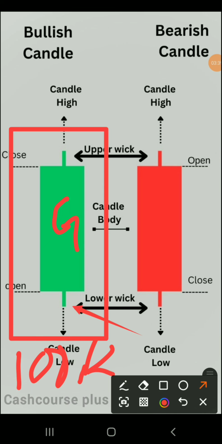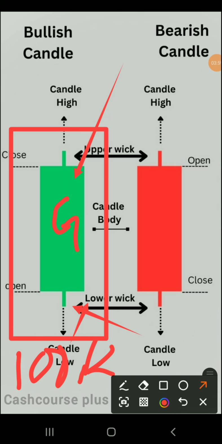This typically means that BTC's price has appreciated from 100,000 to maybe 101,000, or 100,500, or 102,000. It has increased. That is why the candlestick is showing green.